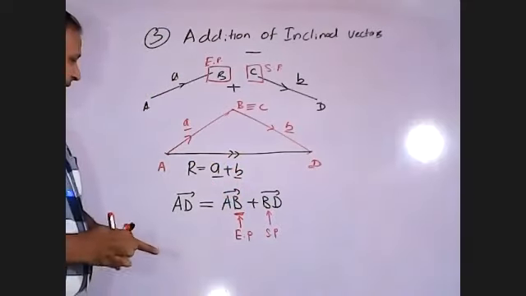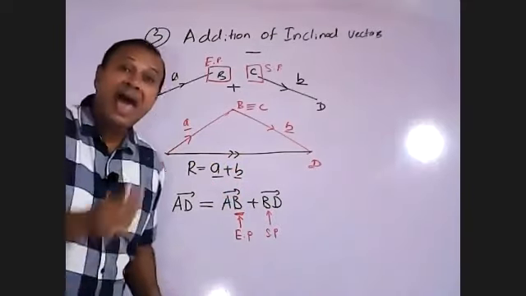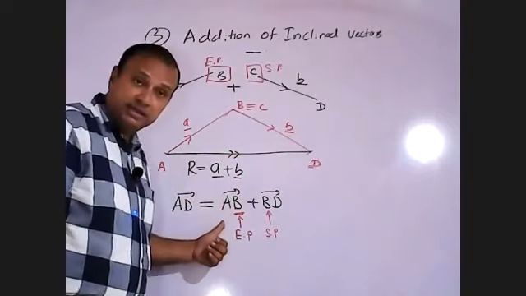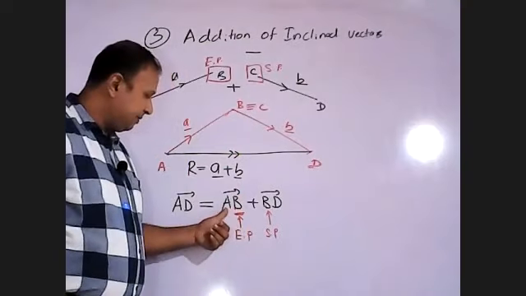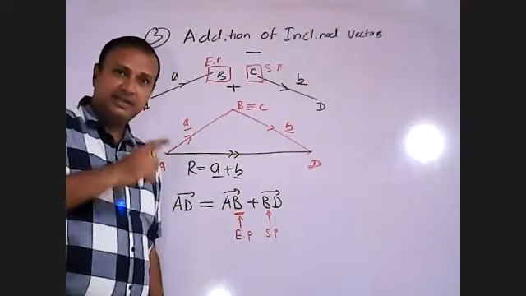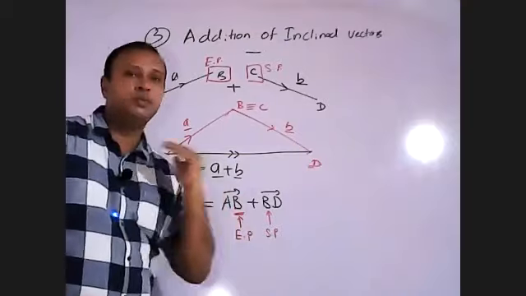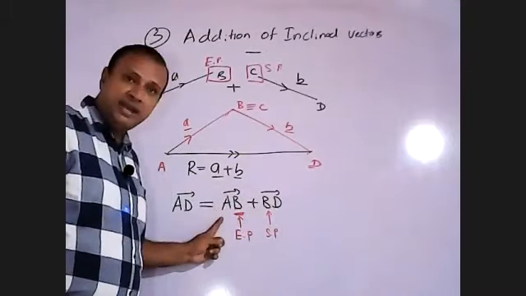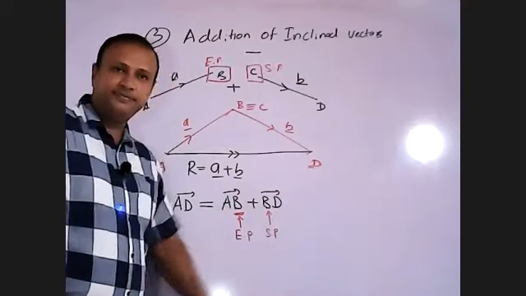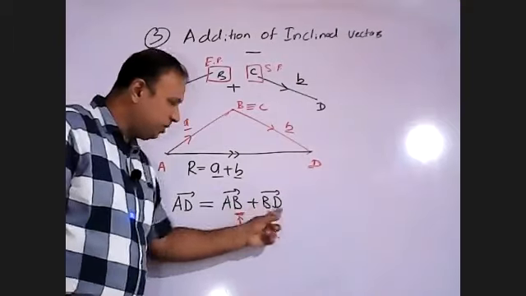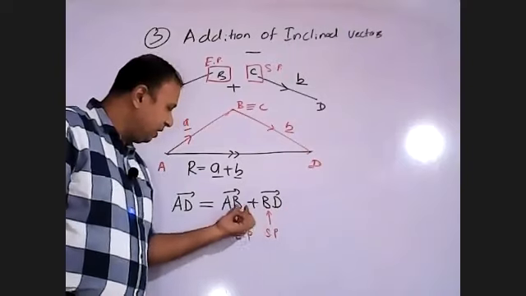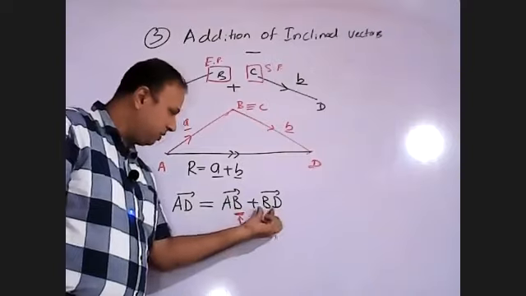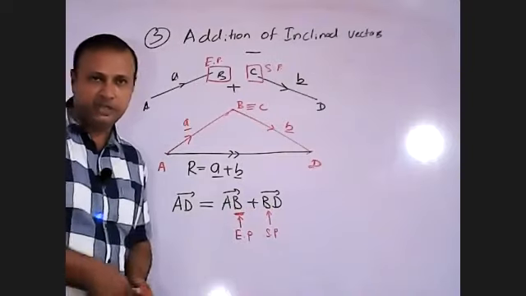Therefore, when you are adding two vectors, if you write that addition in algebraic notation, you have to write it in this manner: AB plus BD. The endpoint of the first vector should be equal to the starting point of the second vector.